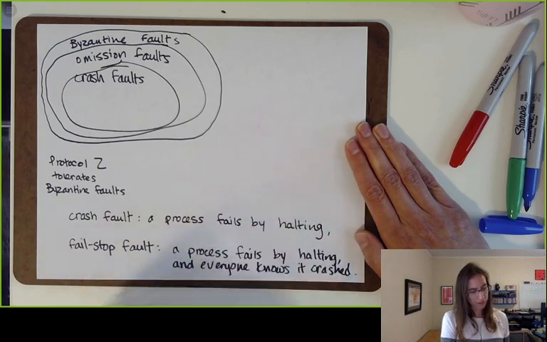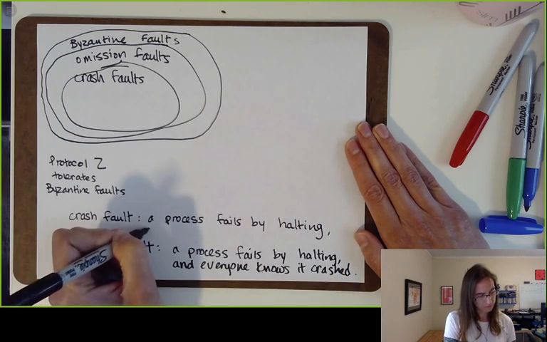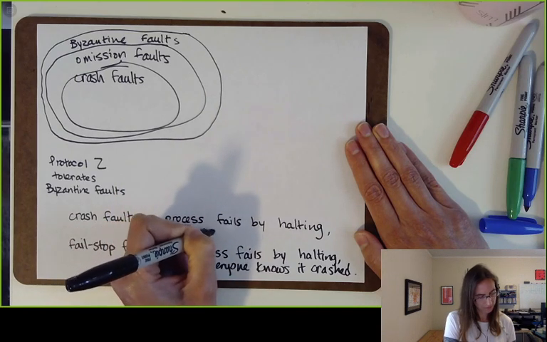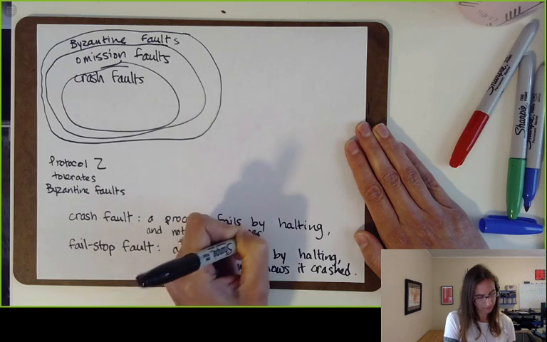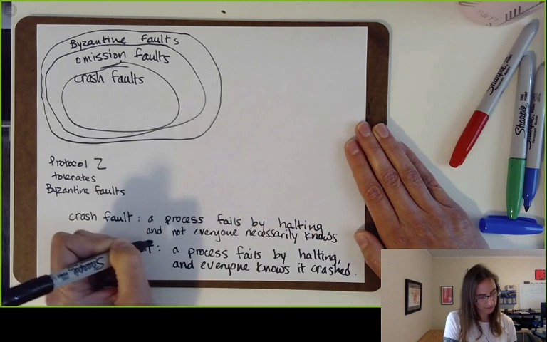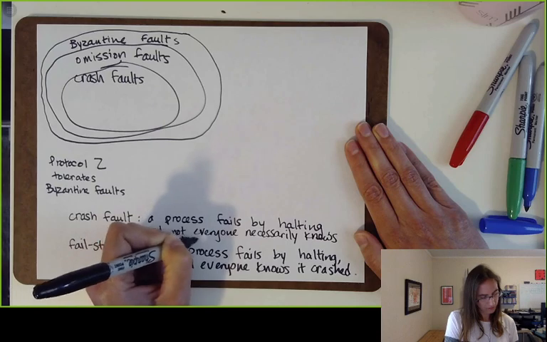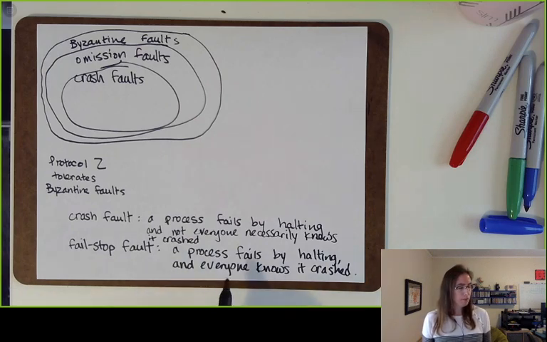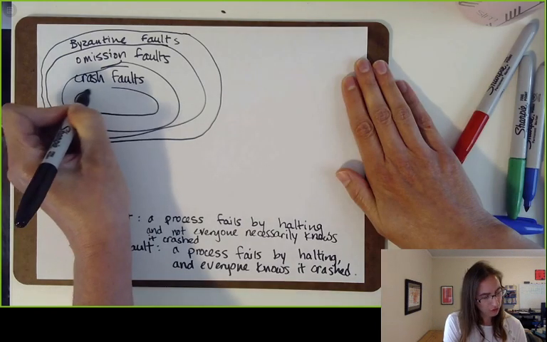In a crash fault, that's not necessarily the case. So in a crash fault, a process fails by halting, and not everybody necessarily knows it. A fail-stop fault, you can think of it as the process sending out an announcement right before crashing saying, I'm going to crash now, and everybody gets the announcement. So we can put this other category in here.